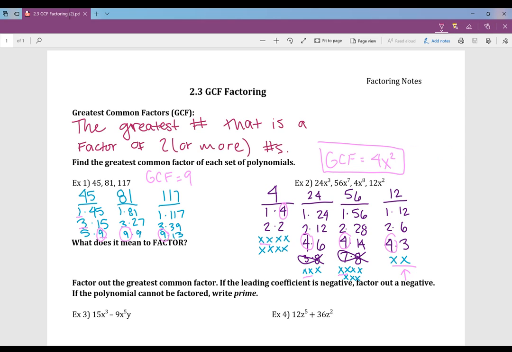Okay, next we want to talk about what it means to factor. To factor is the process of finding factors. It's kind of like the opposite of expanding.